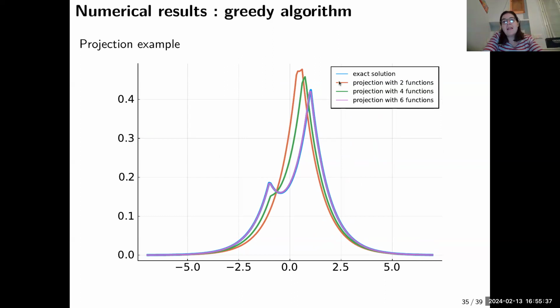And here you see how well this solution is approximated when you use mixture Wasserstein barycenters of the 2, 4, or 6 first snapshots selected by the greedy algorithm. And there you see that with 6 snapshots, we've got quite a good agreement between the true solution and the modified Wasserstein barycenters of the 6 snapshots selected by the greedy algorithm.